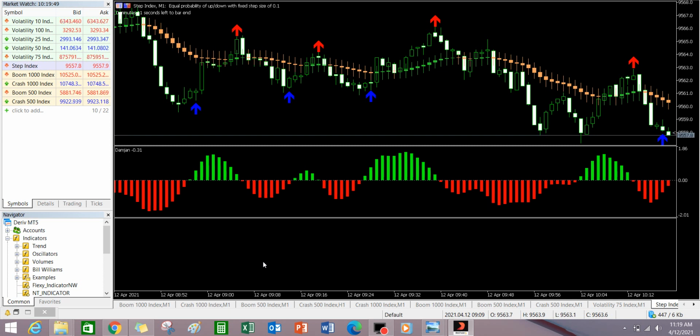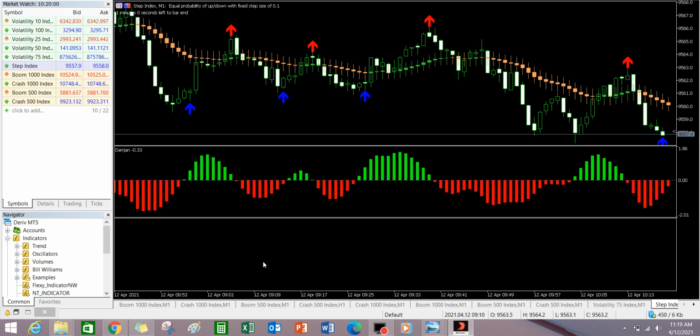Because step index has a steady movement, it is not as volatile as Volatility 75. So if the QDC trend scraper is showing, then definitely you will always be in profit. So they didn't allow it to show because it will always take you to profit. You will know the beginning of the trend right from the beginning till the very end.